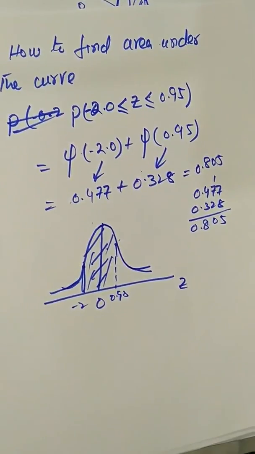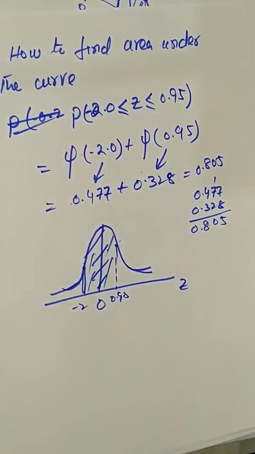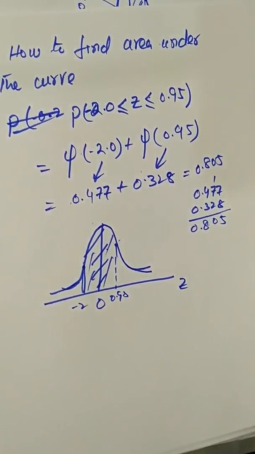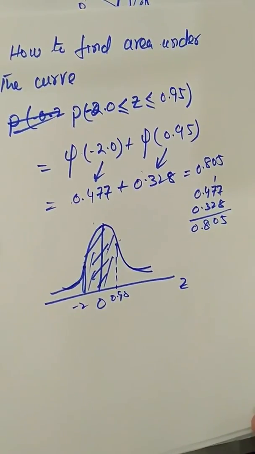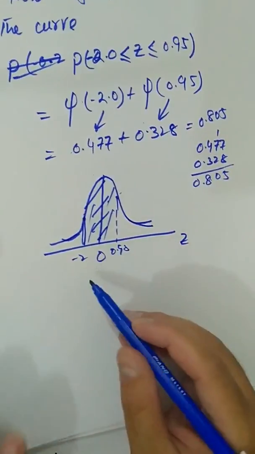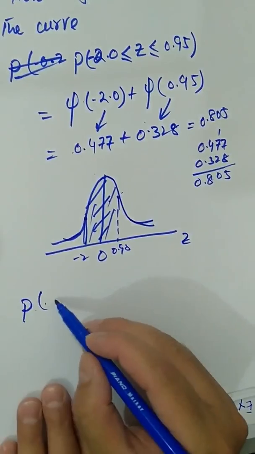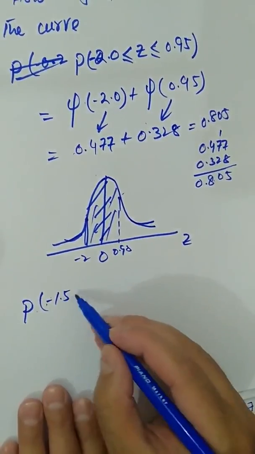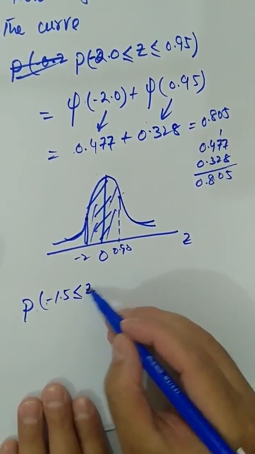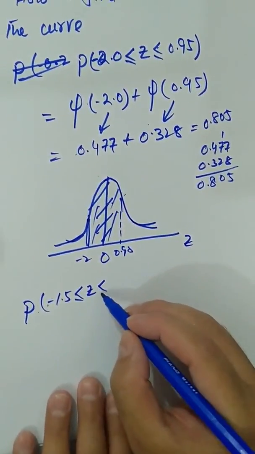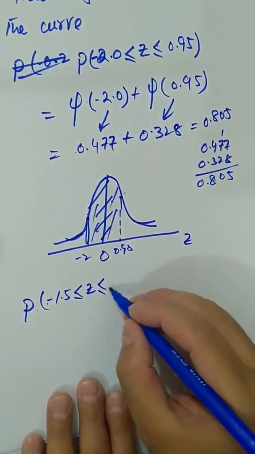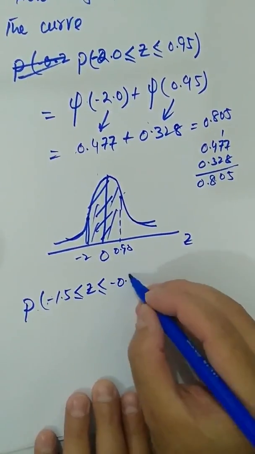Now let's solve another example. Let's find the area or the CDF when z is greater than or equal to minus 1.5, and z is less than minus 0.5.